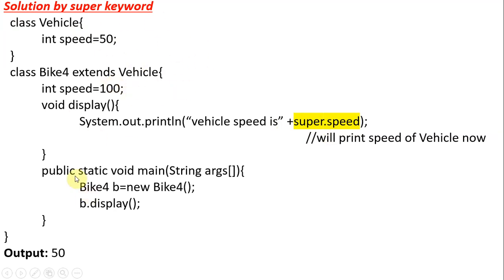Okay, when it comes to public static void main, I create an object for the subclass, and with the object I call the subclass method. See what happened here: we have an output of 50, which is the vehicle speed in the superclass.